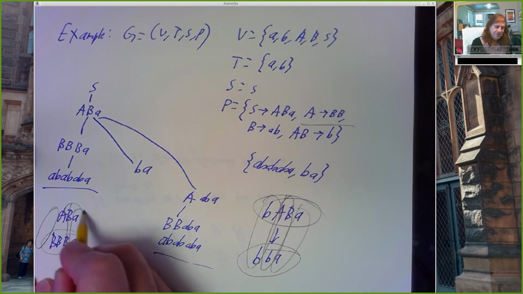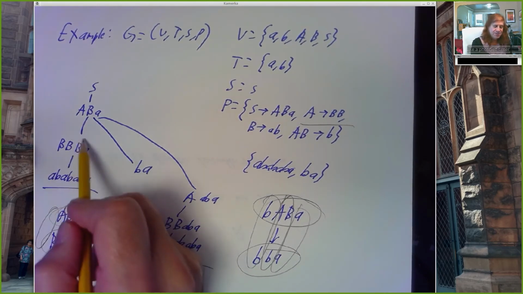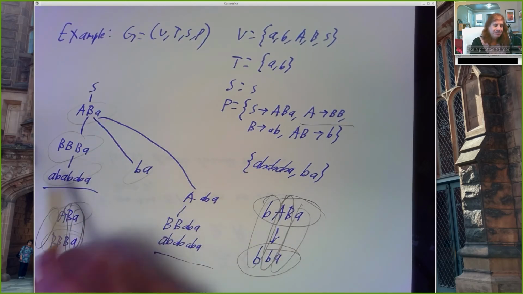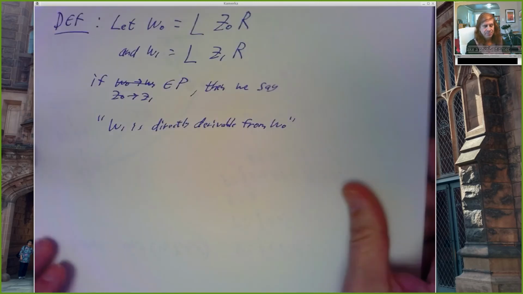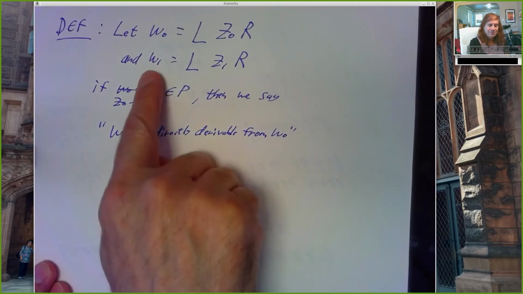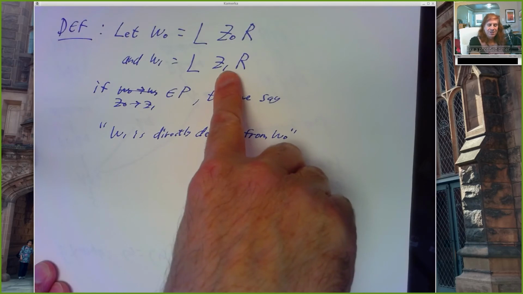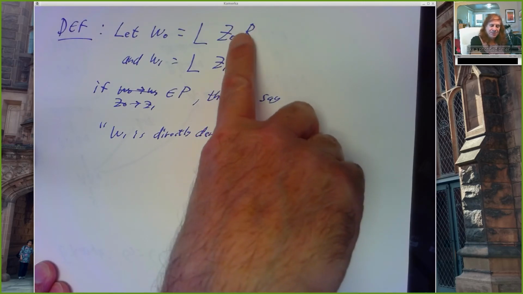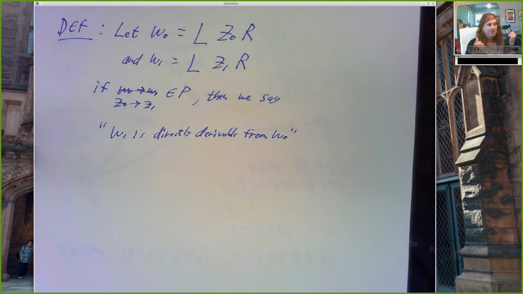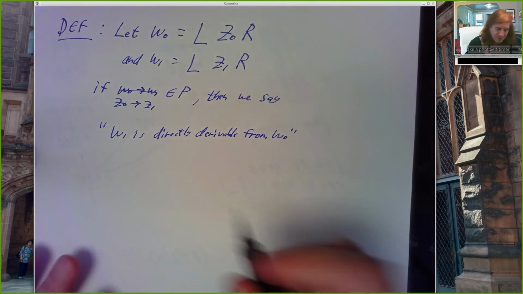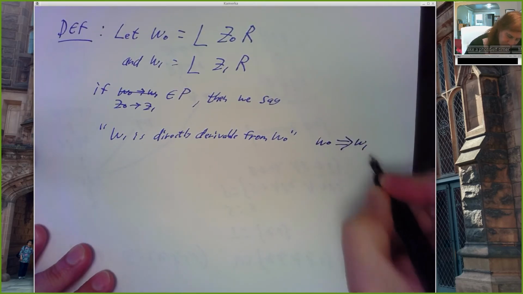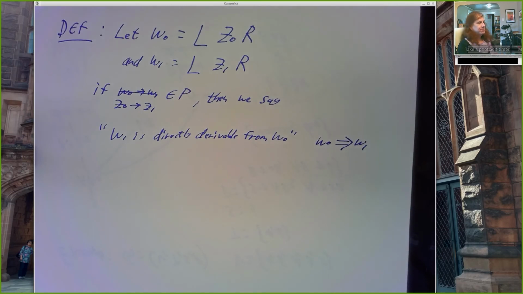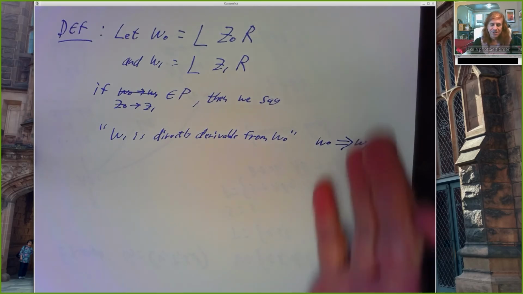Right? So this string is directly derivable from that. So it's basically what you get when you go down one level in this derivation tree. All right. So W1 is directly derivable from W0 if that middle part can be replaced using something in our set of production rules. Okay, that's directly derivable, and we write this as W0 double arrow W1. Right, so we can turn this into that.